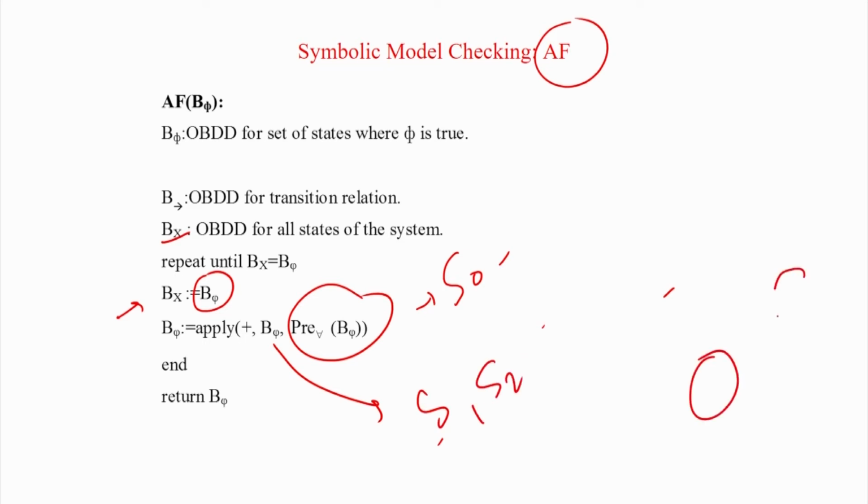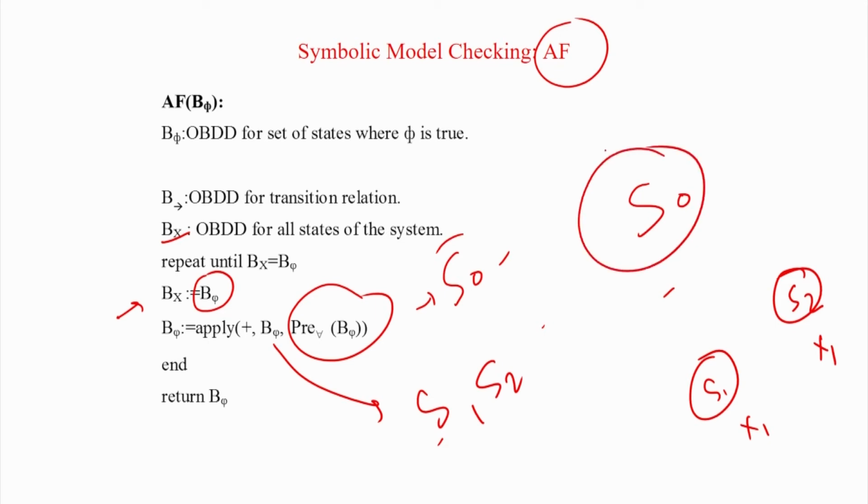So, these are the two states, S1 and S2, where x1 was true itself. But for the state S0, which we had found out over here, in the next state the formula AF phi, or AF x1, is true. So, of course, we are labeling it as x1 here by virtue of the next states having the value of x1.